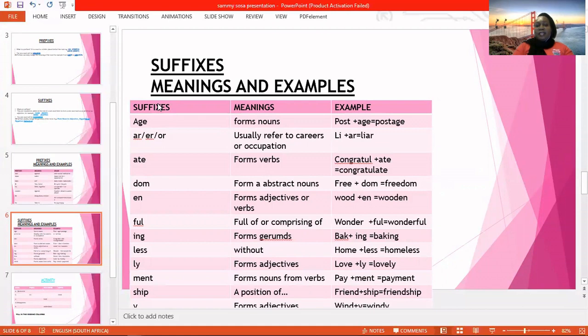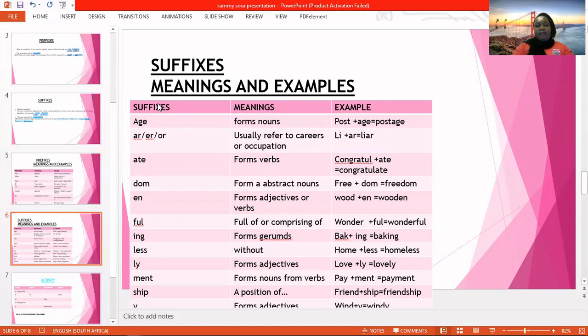Verbs such as if we put the word congratul and ate, we will get congratulate. Dom forms abstract nouns. Free plus dom, we get freedom.